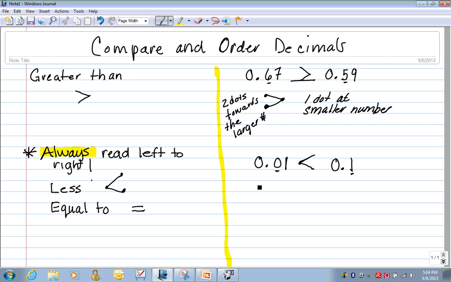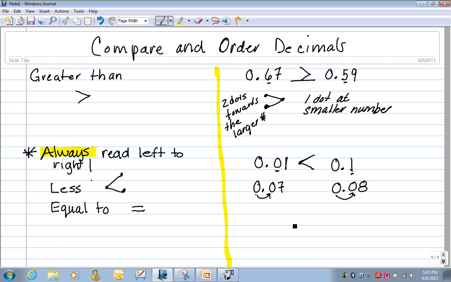Another example we can do is compare 7 hundredths to 8 hundredths. If we look left to right, we start in our whole number 0 0, so those are the same. Because they're the same, we better compare or move over to the next place value.